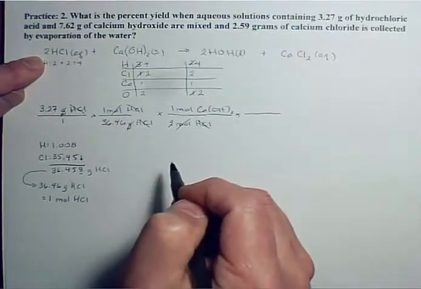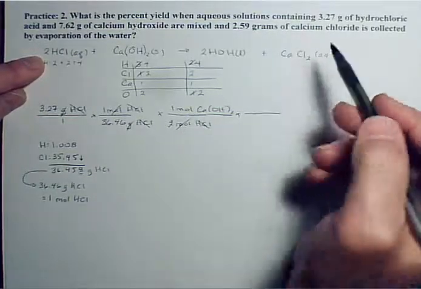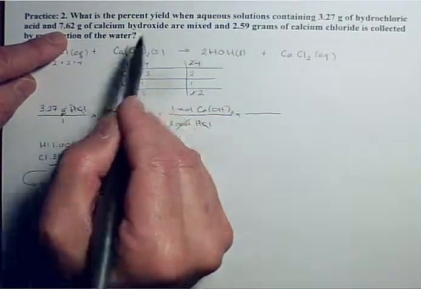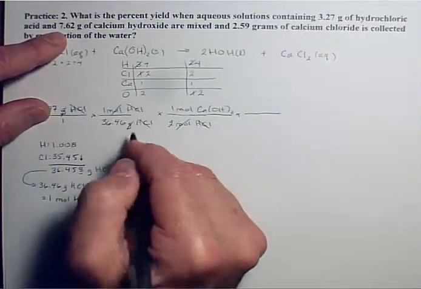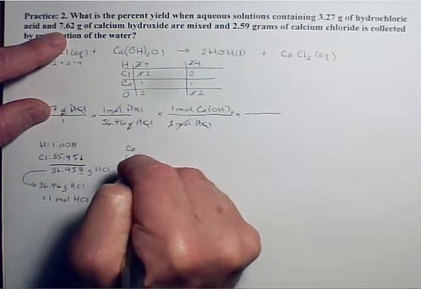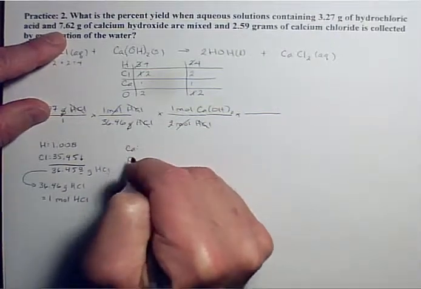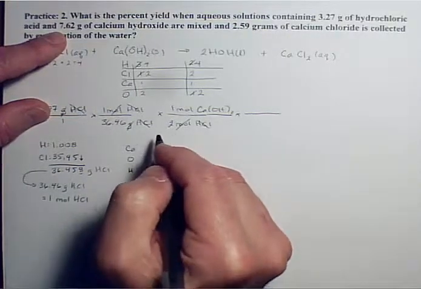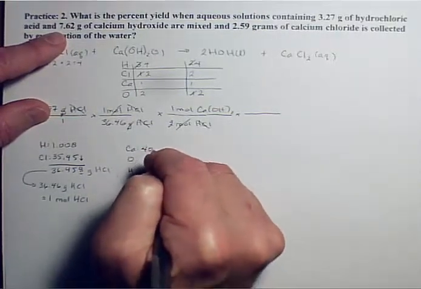Alright, now I've got to convert moles back into grams in order to compare that number against the number in the problem up here, 7.62 grams of calcium hydroxide. So I've got to calculate the molar mass of calcium hydroxide. And so the atomic mass on this periodic table in this class for calcium is 40.08.